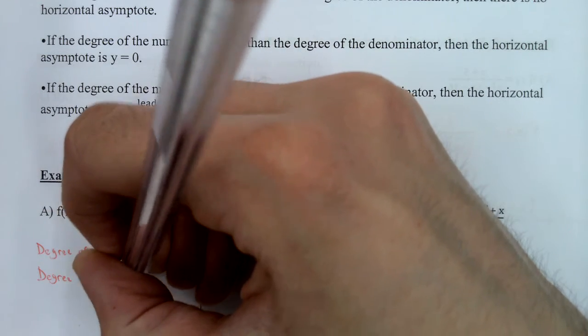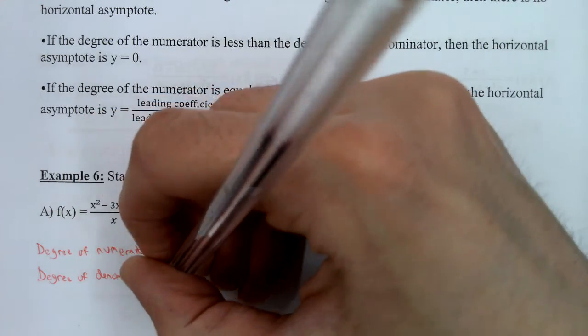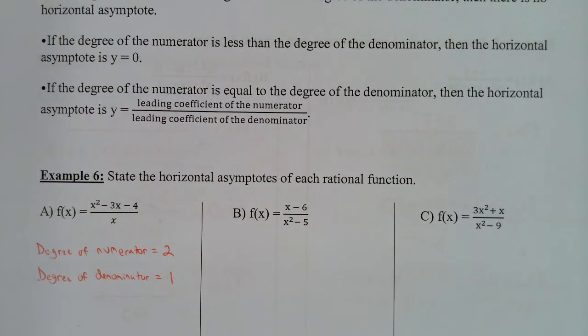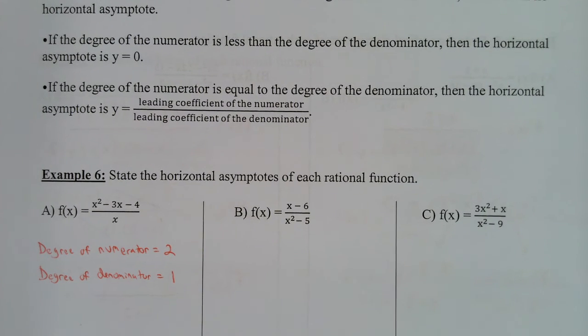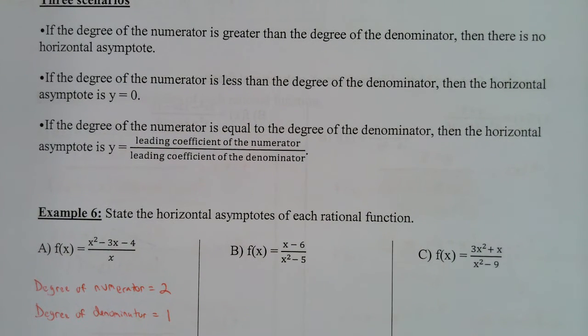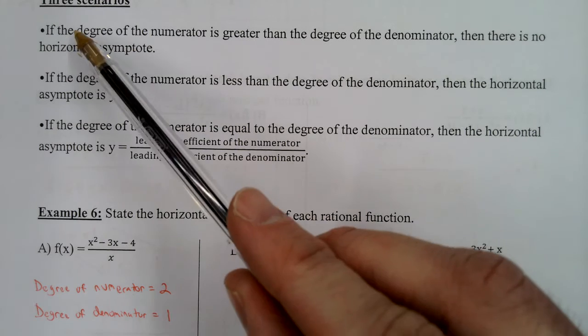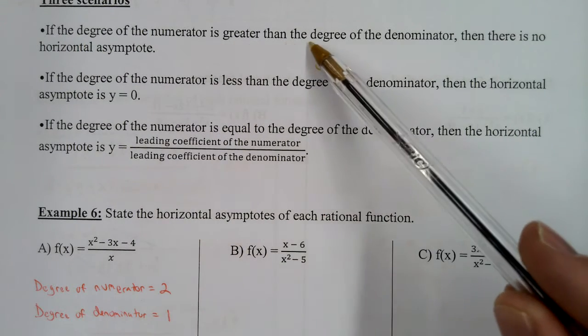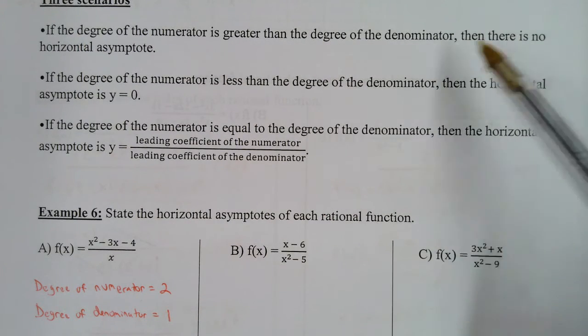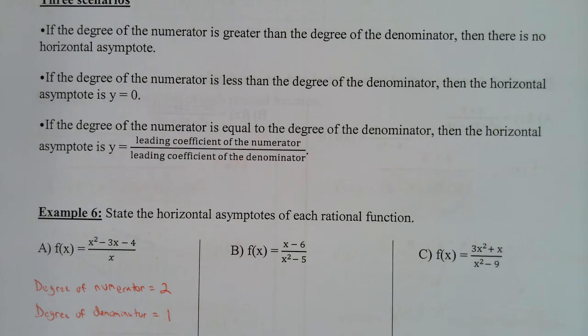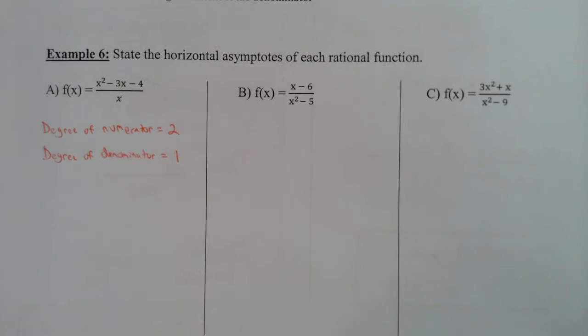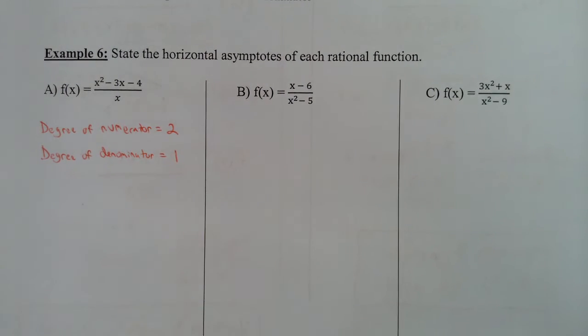And we talked about degree earlier in the year, the highest exponent. So which scenario is it above? It's the top one. If the degree of the numerator is greater than the degree of the denominator, then there is no horizontal asymptote. So let's jot that down. Say no horizontal asymptote.